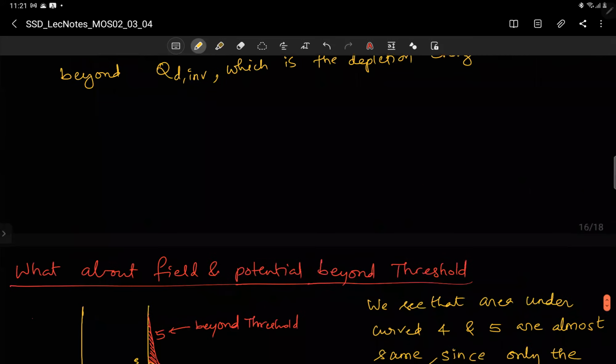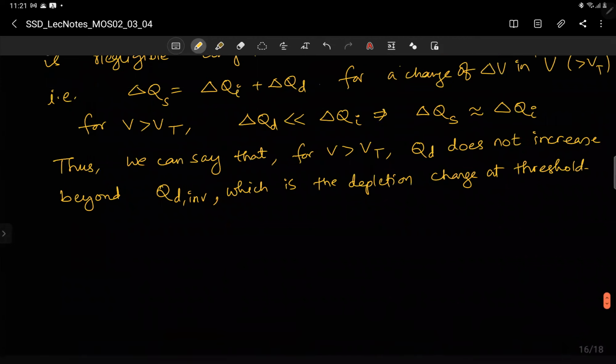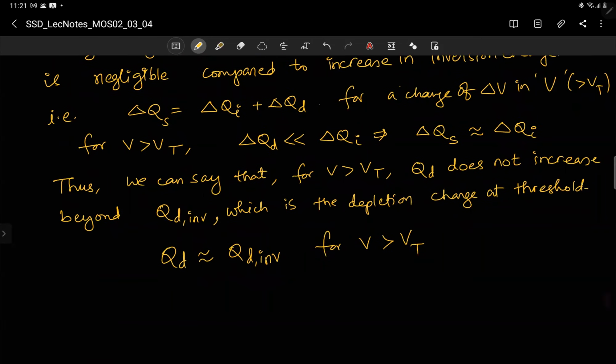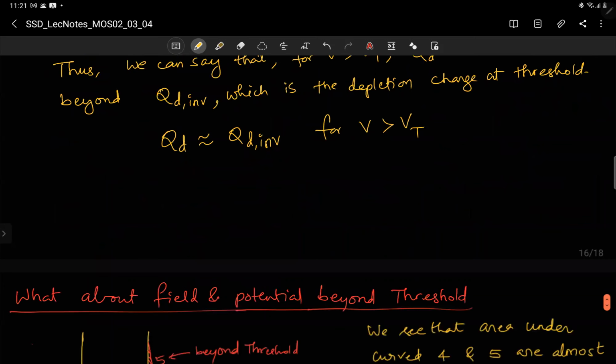We have figured out that Qd does not increase beyond Qd inversion. So Qd is approximately equal to Qd inversion for V greater than VT, because the entire increase in voltage is taken care of by inversion charge.